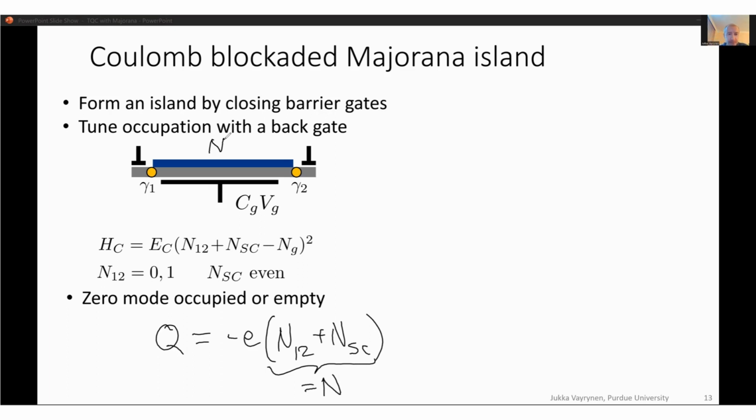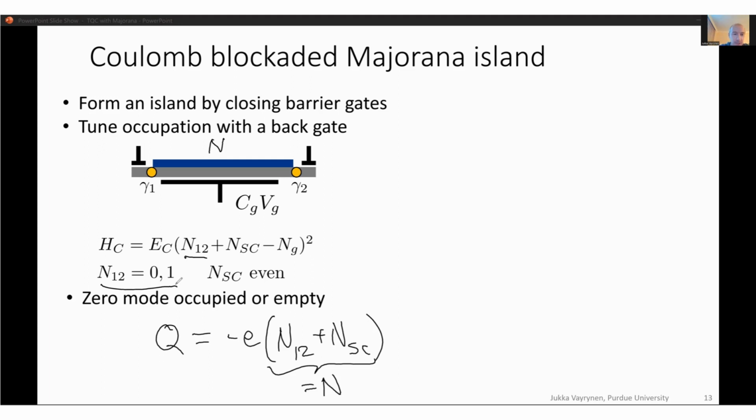And this total number of electrons consists of two pieces. The first one is what I call N12, which takes value 0 or 1. This N12 is the occupation number of this non-local fermion made out of the Majoranas.